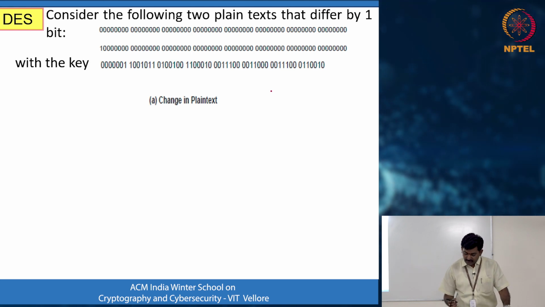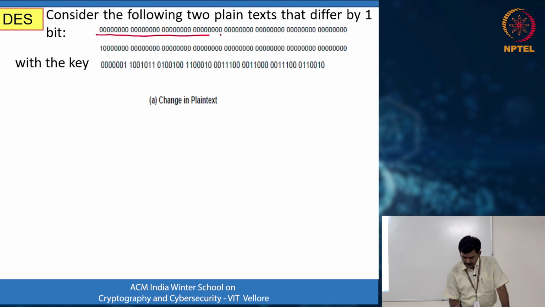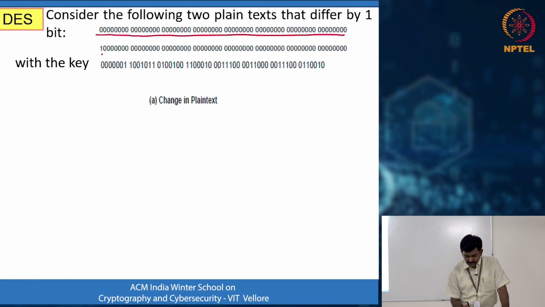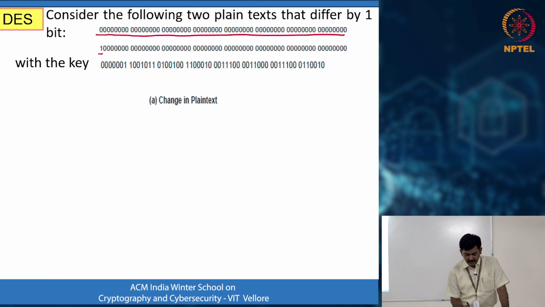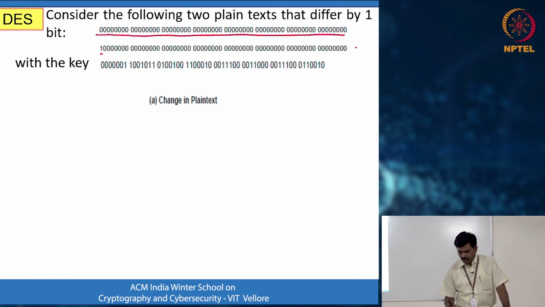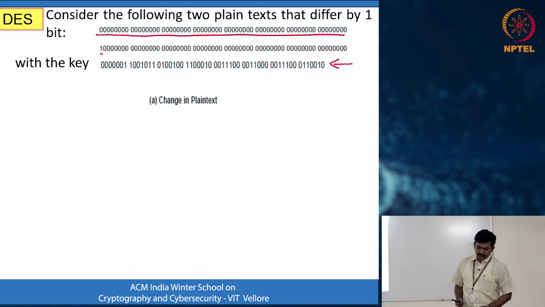Take an example. Imagine you are given two texts. One is all zeros, and the other text is just one bit different on the leftmost, and the rest of the text is the same. And you notice the key. Okay, this is the key.